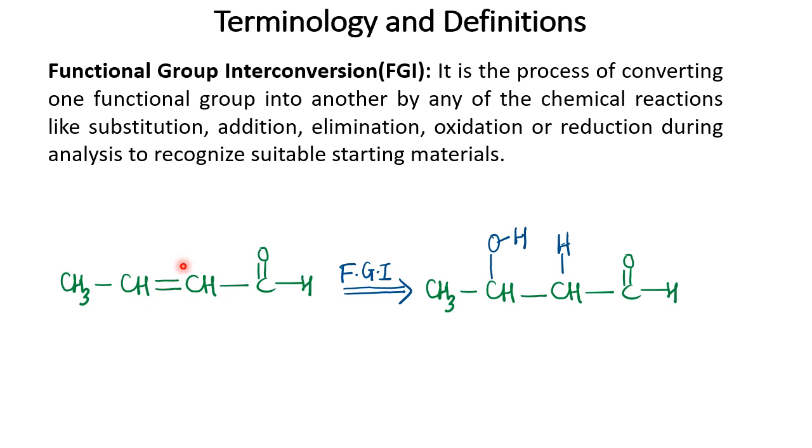So what I have done is added one OH group on the beta carbon and added a hydrogen on the alpha carbon. So that is how you have converted this alkene into an alcohol. That is, one functional group has been converted into another functional group. This is called functional group interconversion.